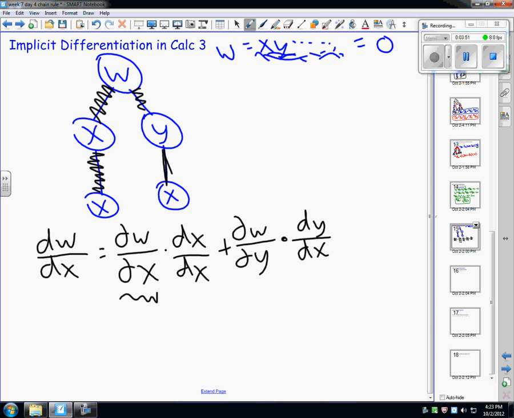Well, let me just make sure you're okay with this. What is dw dx always in this case? If I'm saying w equals 0, then dw dx has to be 0. So look what happens when I simplify this.